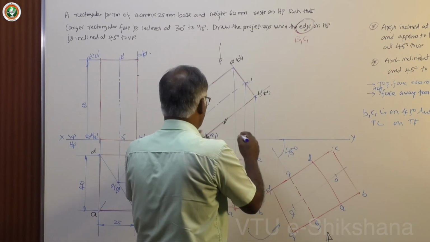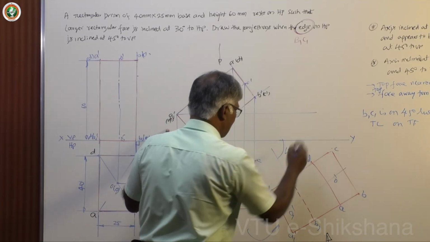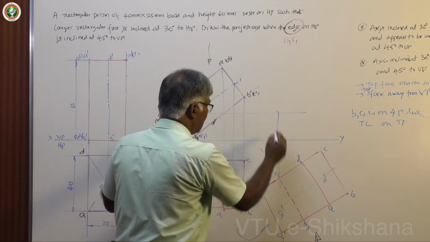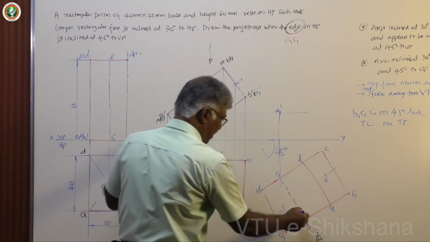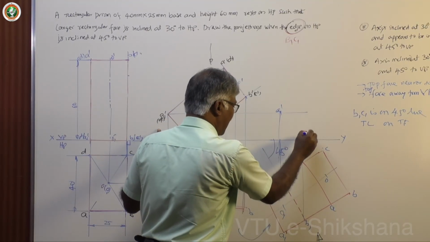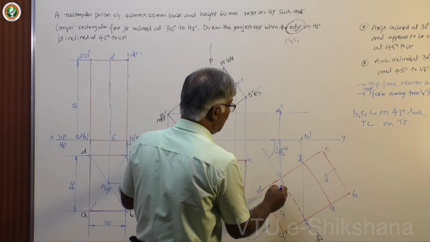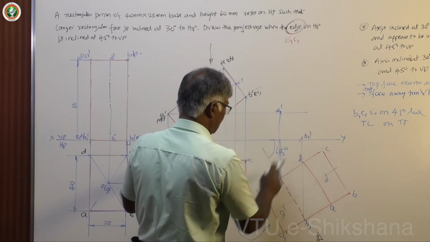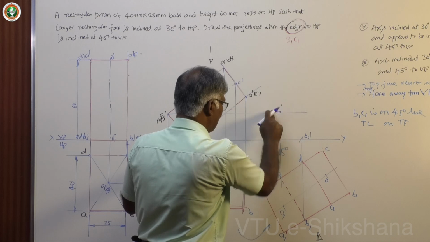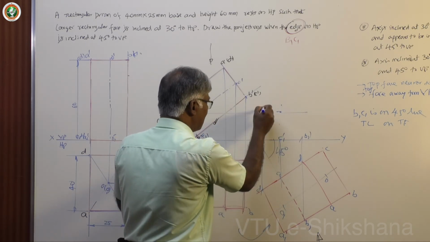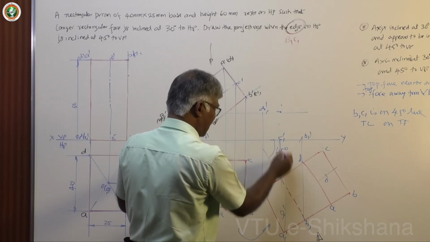Now, first let me keep the base surface. A is on this line, this is A dash, A1 dash, this is B1 dash on ground, C. So this is C actually, this is C1 dash, this one is D1 dash, this is A1 dash.